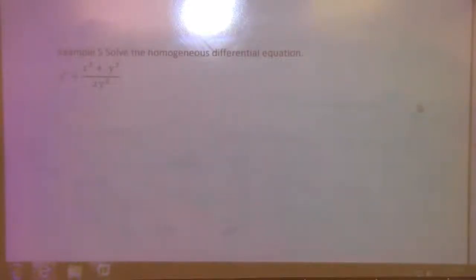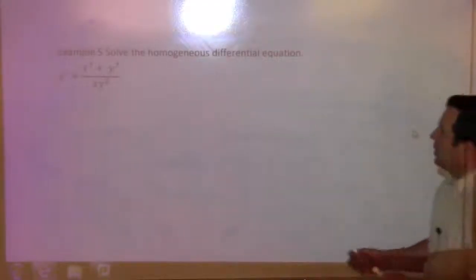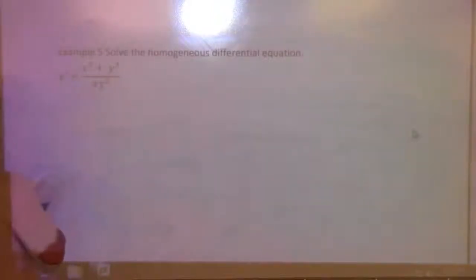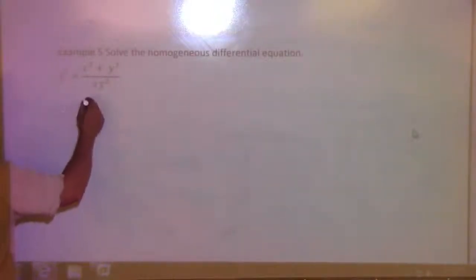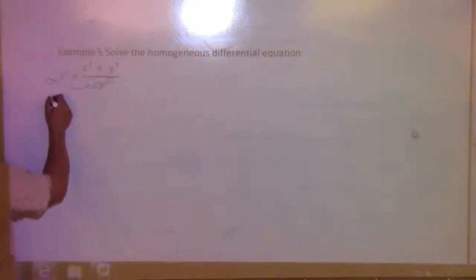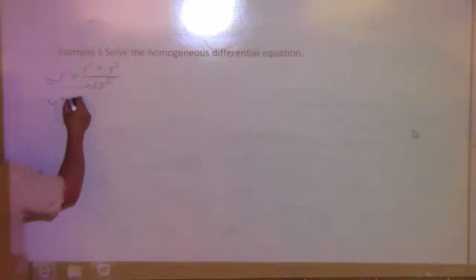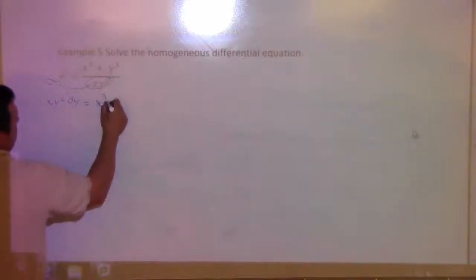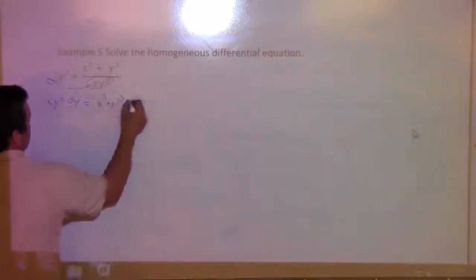Okay, so example 5. Solve the homogeneous differential equation y prime equals x cubed plus y cubed over xy squared. I'm going to bring the denominator over, and we'd have xy squared dy equals x cubed plus y cubed dx.